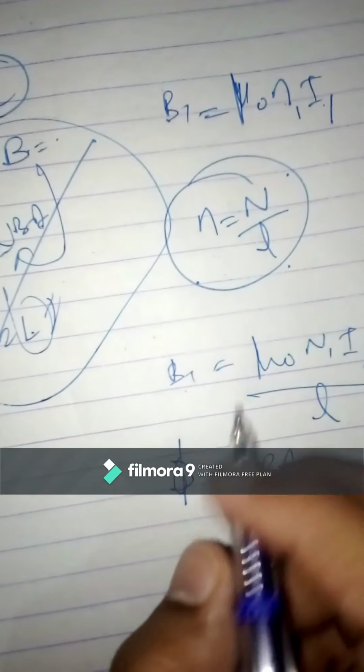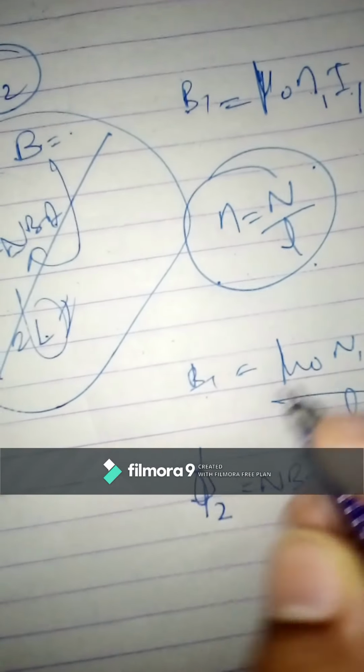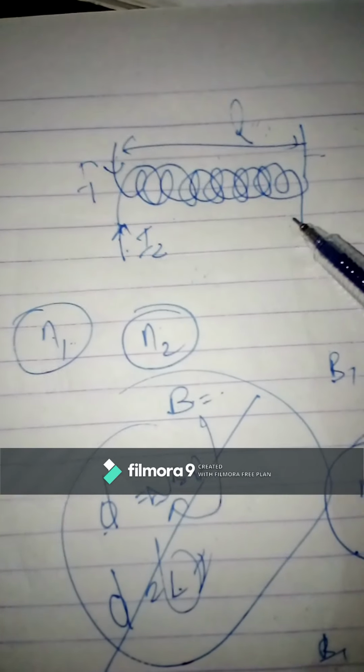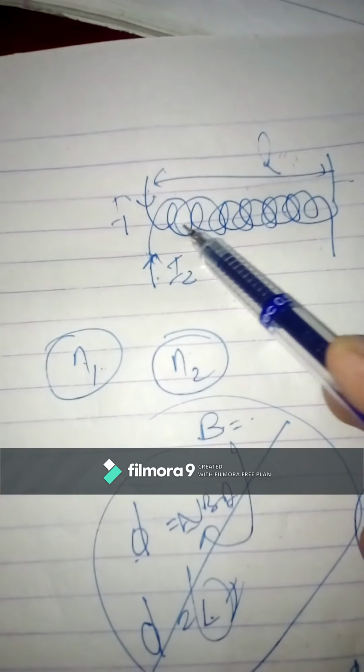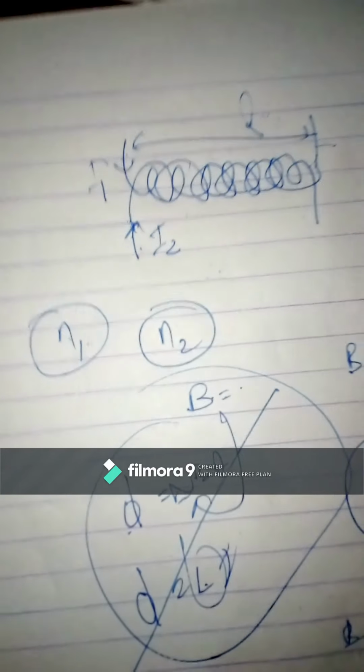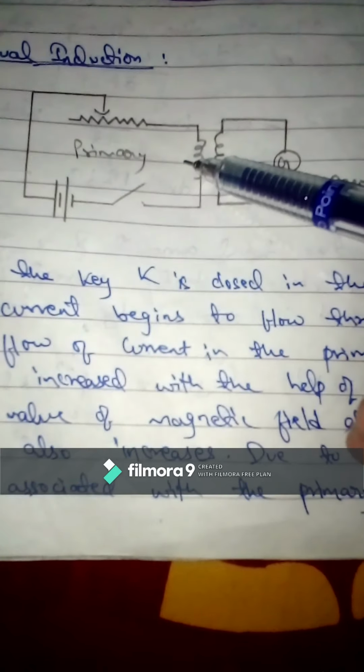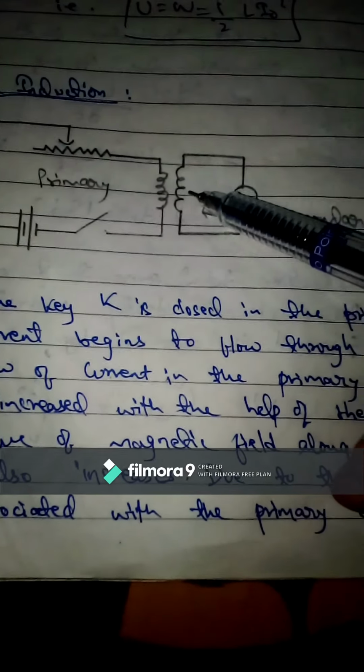Now see, here comes the confusion. B1 will be here, but we are calculating flux in the secondary coil. Why? Because the flux will change in the secondary coil, isn't it? When current passes through the first coil, the flux will change in the secondary coil. If you see this figure, when the current flows through the primary coil, flux is changed here, then flux is changed here, and EMF is induced.